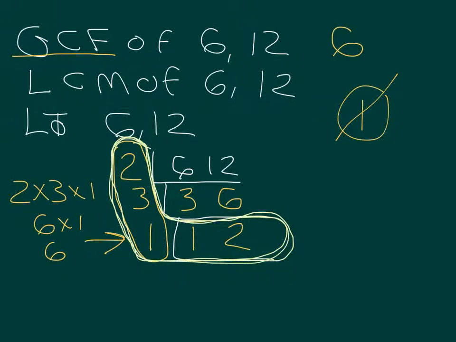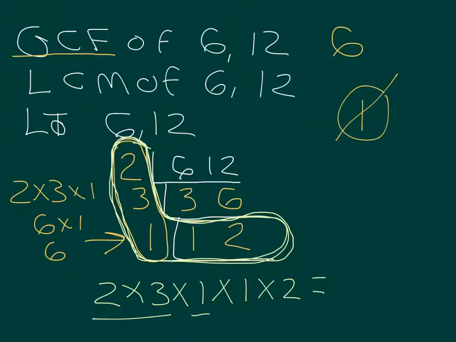This is done essentially the same way. For the LCM of 6 and 12, you multiply all of these numbers, so it would be 2 times 3 times 1 times 1 times 2. 2 times 3 is 6.